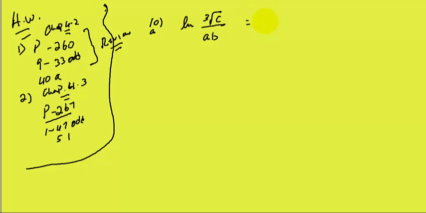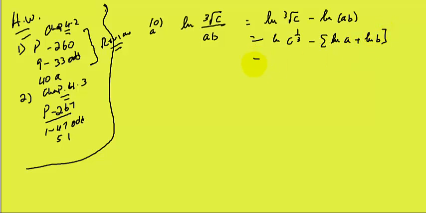Obviously, this is a quotient rule, so this is going to be ln of third root of c minus ln of ab, and this really means ln of c to the 1/3 minus ln of a plus ln of b. And of course the power comes to the front, so 1/3 of ln of c minus ln of a minus ln of b. That's the end of that problem.